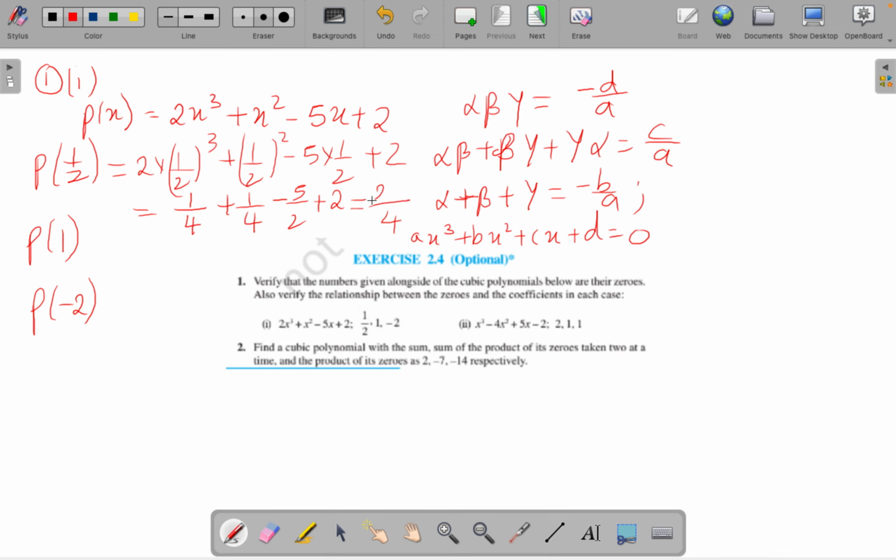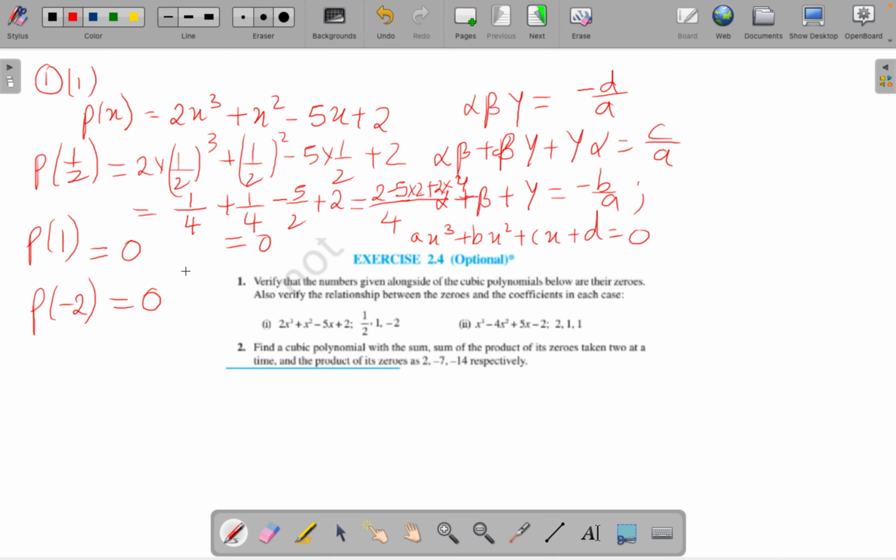So it will be 2 minus 5 into 2, and 2 into 4 again. So 4 twos are 8, 8 plus 2 is 10, 5 twos are 10, minus 10. So you will get 0. Similarly, when in place of x you put 1, again you will get 0. In place of x, if you put minus 2, again you will get 0.